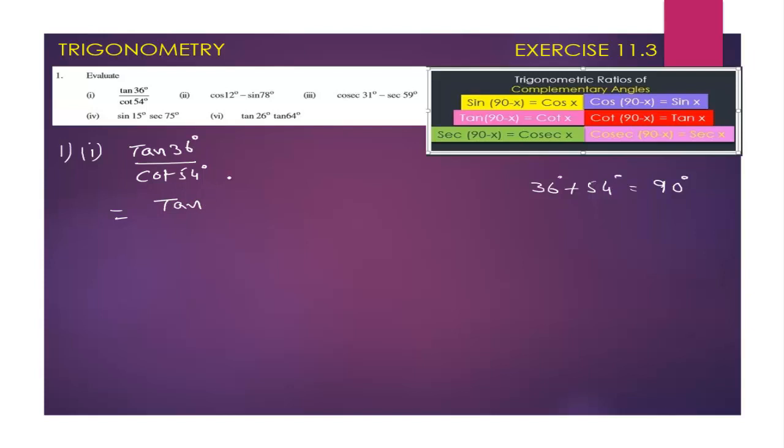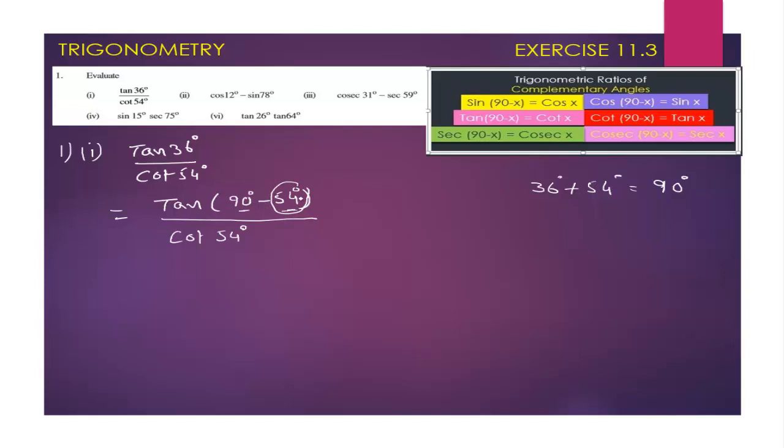Here tan 36, we can write 36 as 90 minus 54, because 90 minus 54 is 36. That's why we have written tan of 90 minus 54 by cot 54. From the trigonometric ratios of complementary angles, tan of 90 minus x can be written as cot x. Here x is 54 degrees.